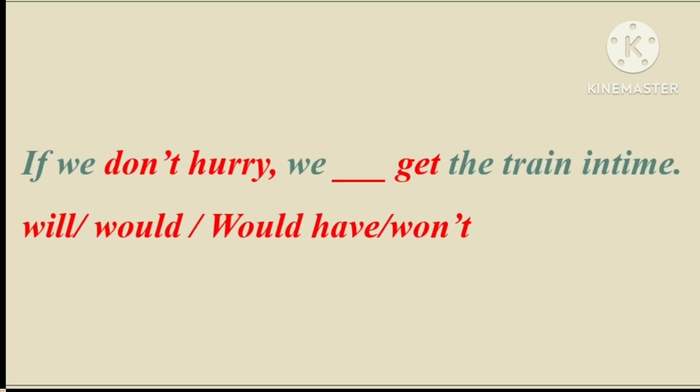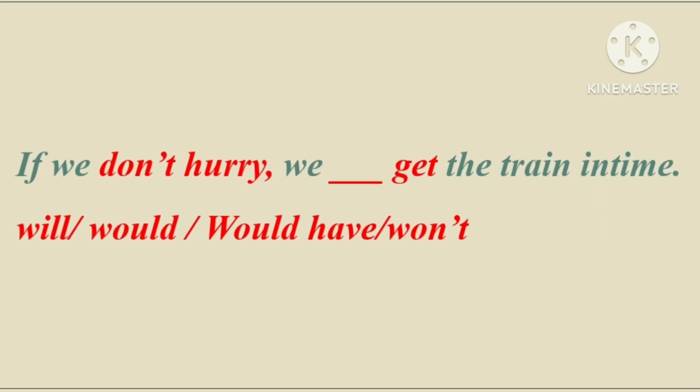If we don't hurry, we dash get the train in time. Don't hurry is in negative simple present tense. So that's why we have to use negative future tense here. The options are will, would, have, won't.